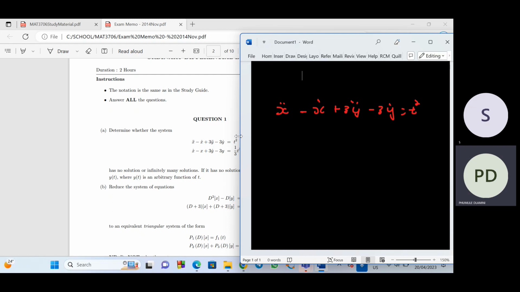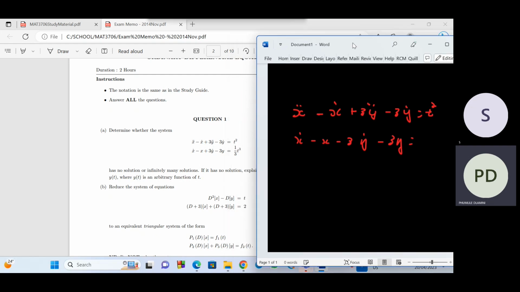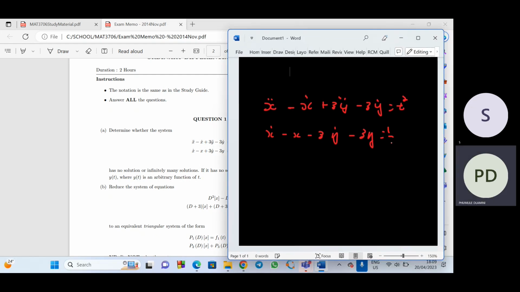t squared. So I'm just verifying: x dot minus x minus 3y dot minus 3y equals 1 over 3 t cubed.